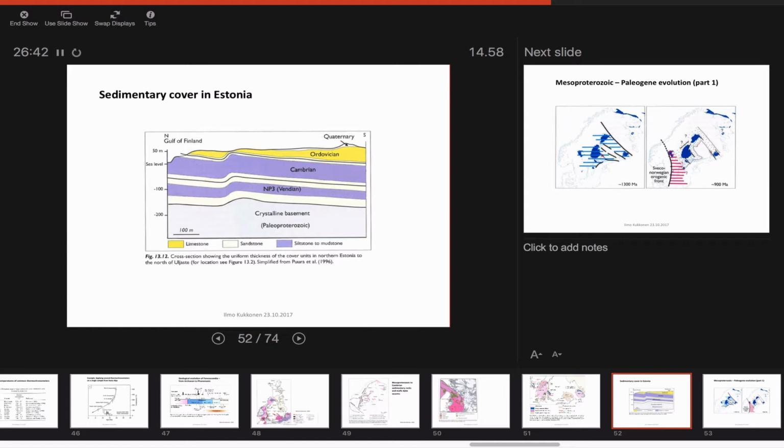How much, by the way, if we assume that the heat flow here is, let's say, 50 milliwatts per meter squared, and the thermal conductivity in the sediments would have been, say, 2 watts per meter per Kelvin.